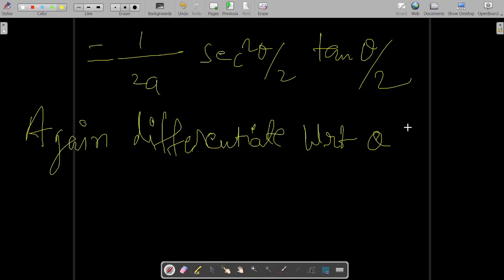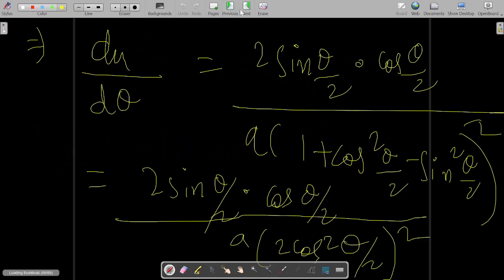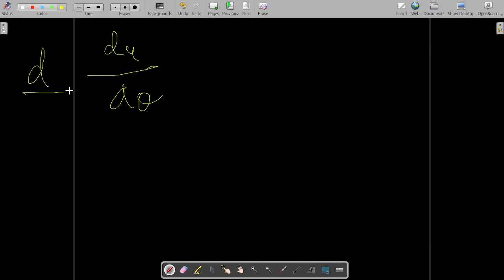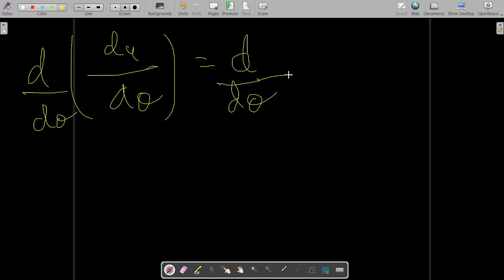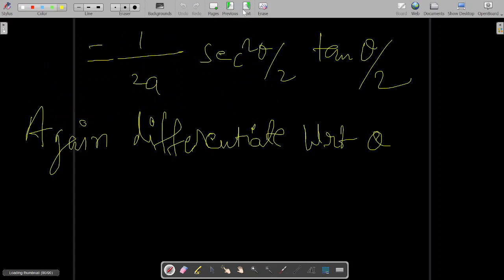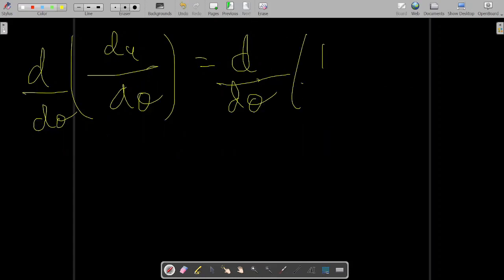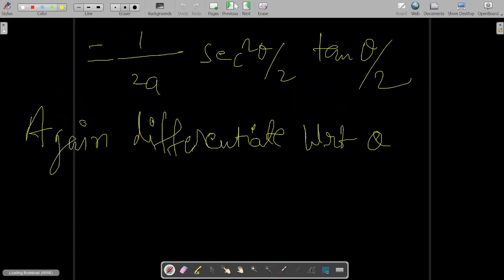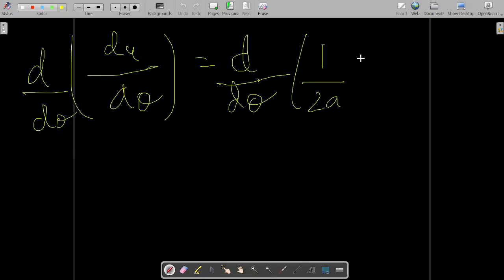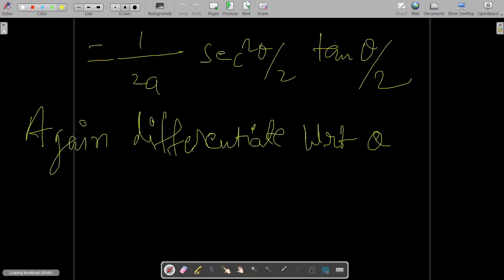What do you get? So you have du by d theta, again you are differentiating with respect to theta. So d by d theta of what? This stuff, 1 over 2a sec square theta by 2 tan theta by 2.